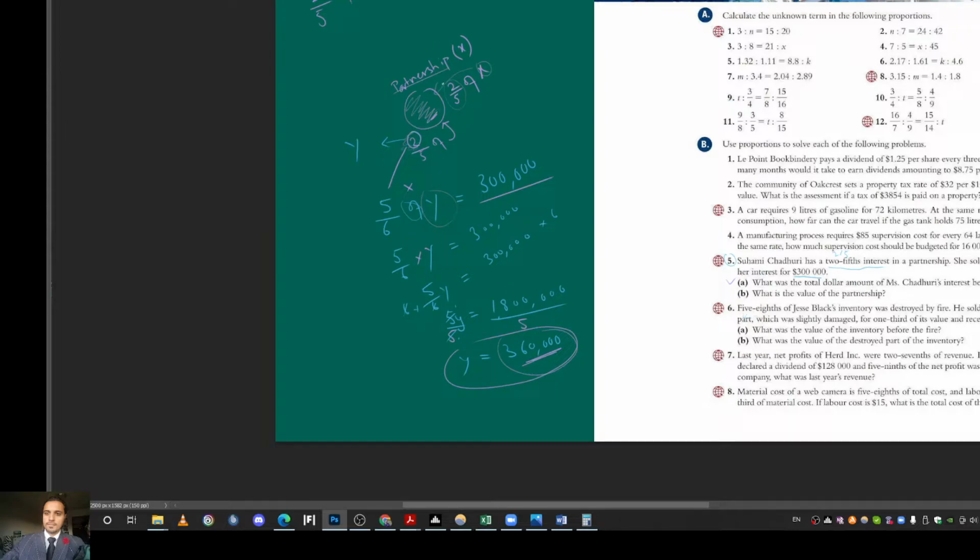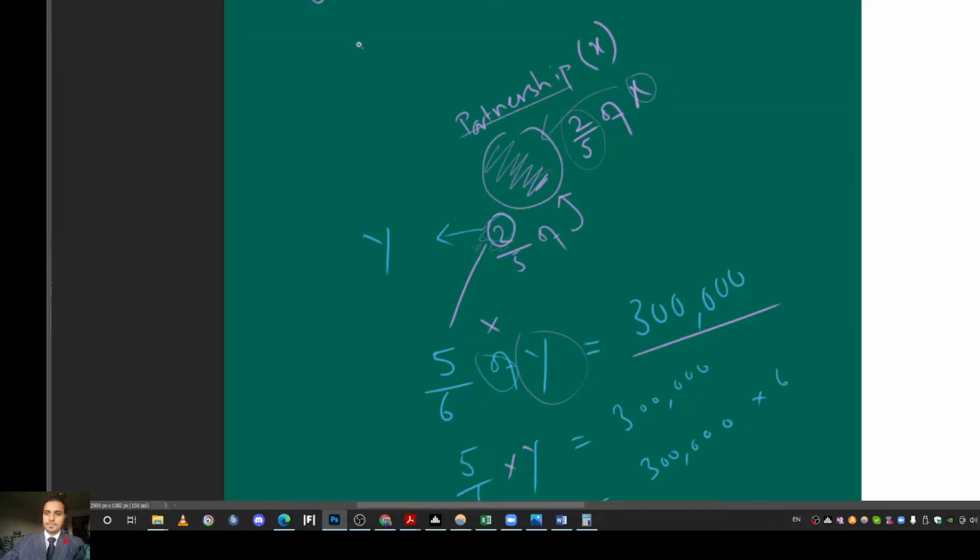And now we have to figure out the total amount for the partnership. So first we have to figure out the amount of the total partnership. 2/5 of X we know is 360,000. So whatever the total partnership was, 2/5 of that belonged to Mrs. Chaudhry, and her amount was 360,000, which we just figured out. We can do that again the same way.